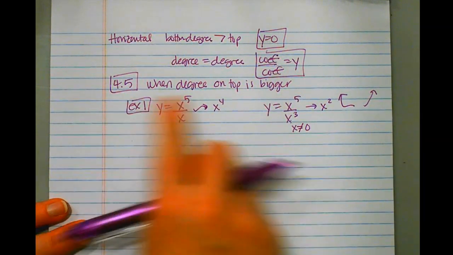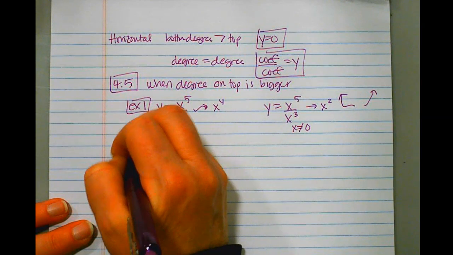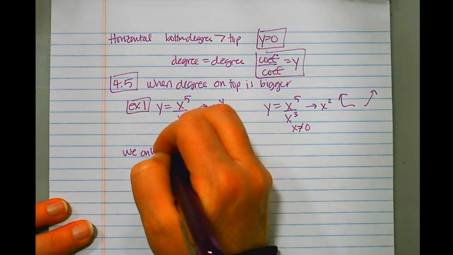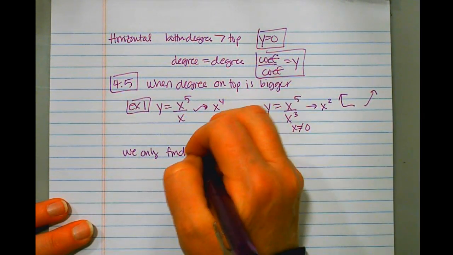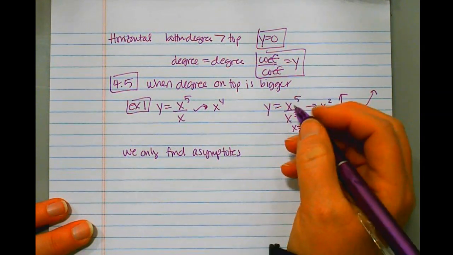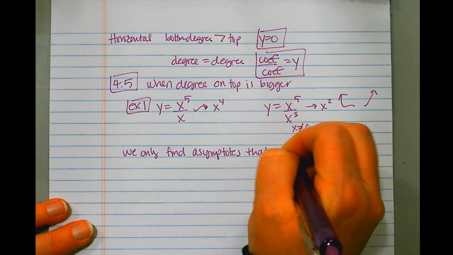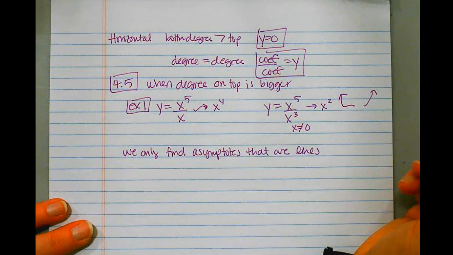But what's cool about this section in our book in Precalculus is that we only find asymptotes that are lines. Okay?